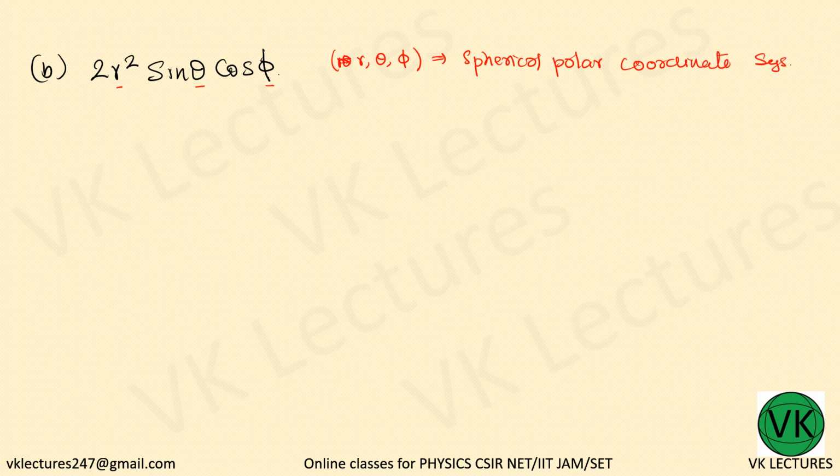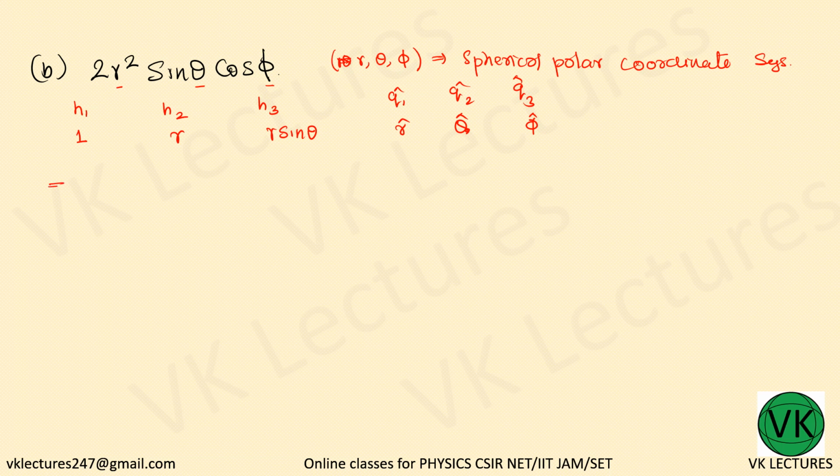Okay, now what we have to do, first we have to find the corresponding h1, h2, h3. h1 is 1, h2 is r, and h3 is r sin theta. And what are q1 cap, q2 cap and q3 cap? q1 cap is r cap, this is theta cap, this is phi cap, r theta phi.